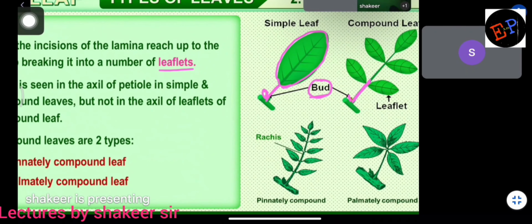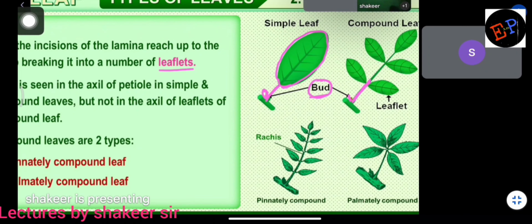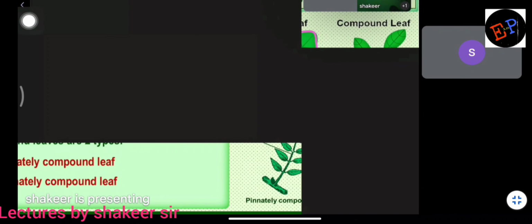So the bud you will see at the starting point of the petiole, in a simple leaf and also in a compound leaf. But in the compound leaf, leaflets are present. So at the starting of the leaflets, you don't find any bud. That is the meaning of this. Are you able to understand?